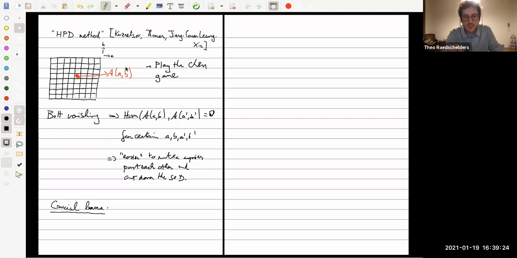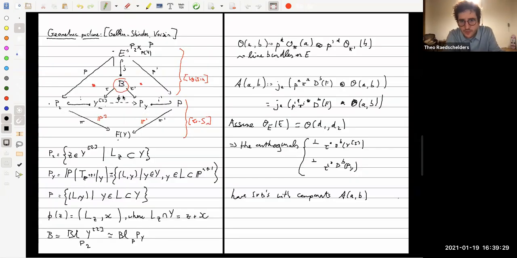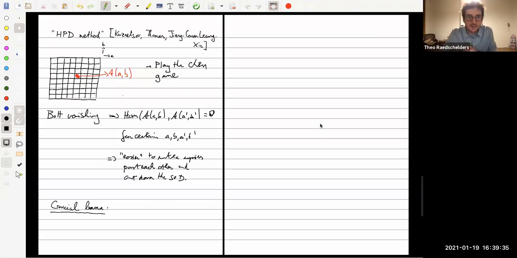But there's one thing which is important here, which I want to mention now. I assumed here that the normal bundle of the exceptional divisor is again an O(D1, D2). And in fact, it turns out that to win the game, these configurations of these AABs have to be as simple as possible.